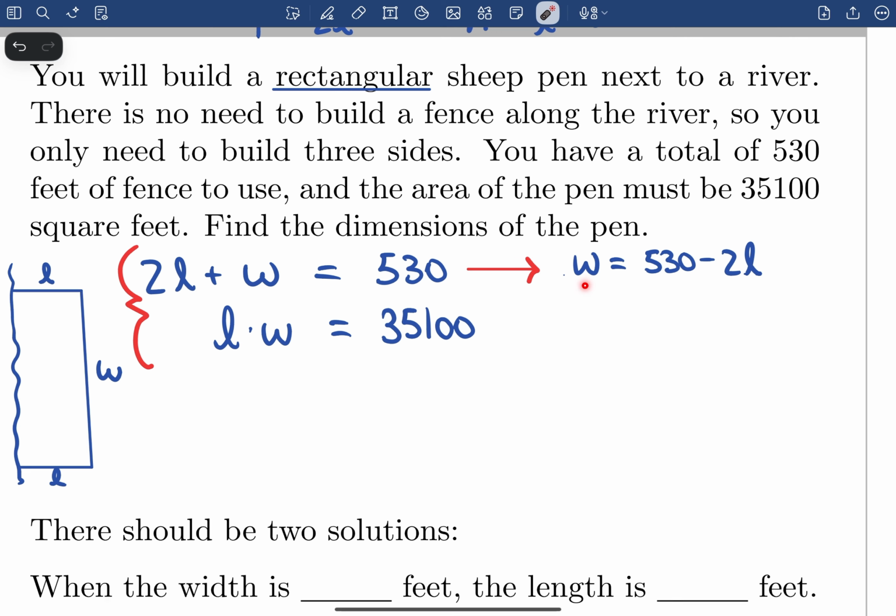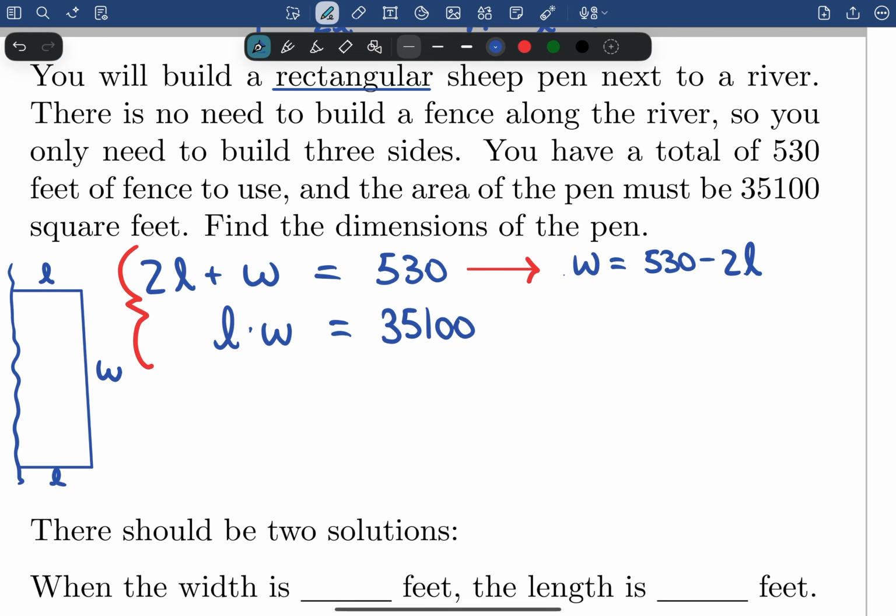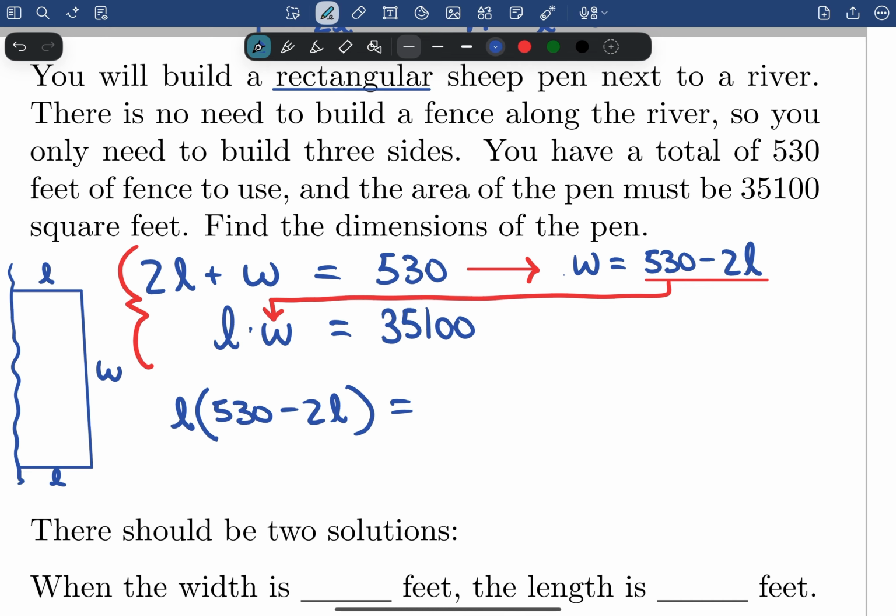Now I can substitute what W is into the second equation. Rewriting my second equation, L times W equals 35,100, I can write it as L times (530 minus 2L) equals 35,100, like that.